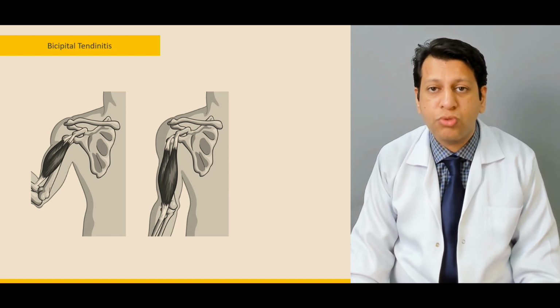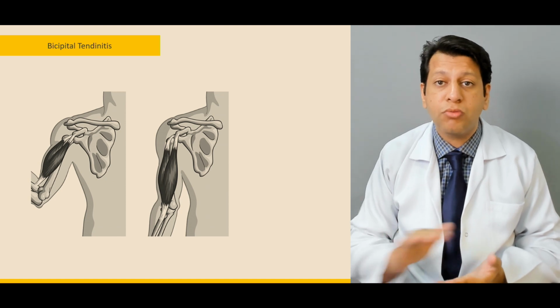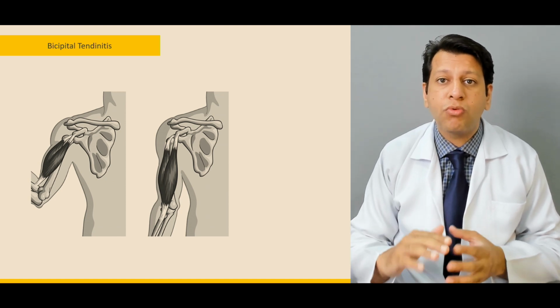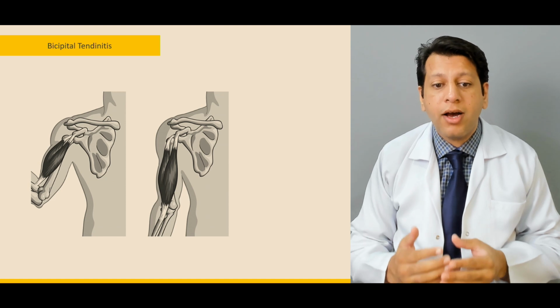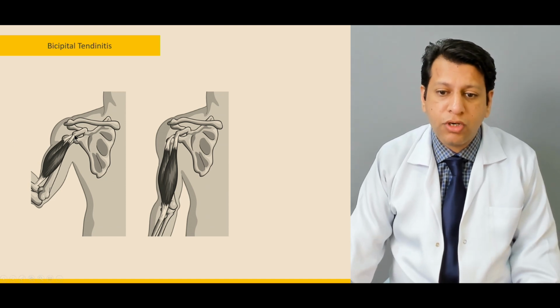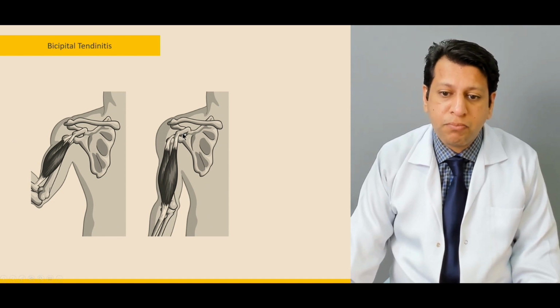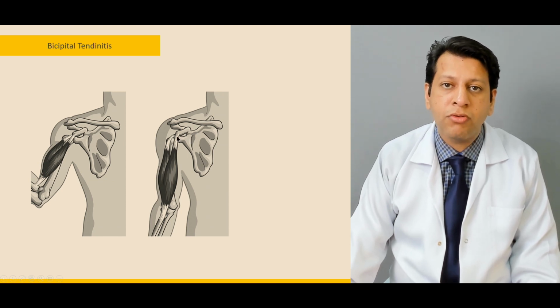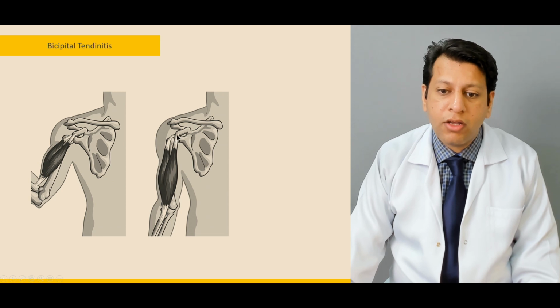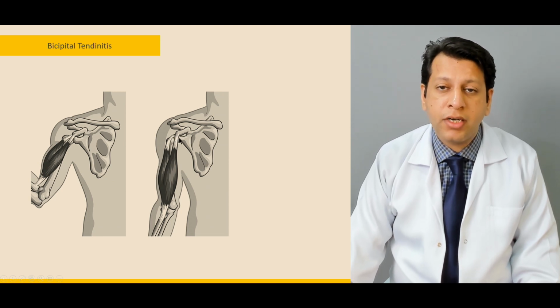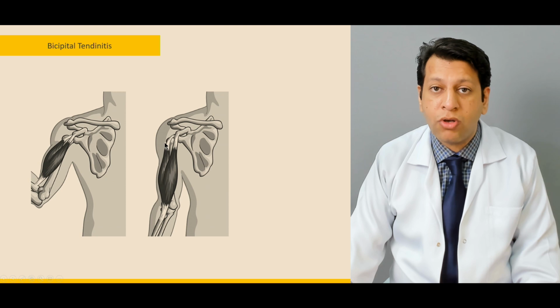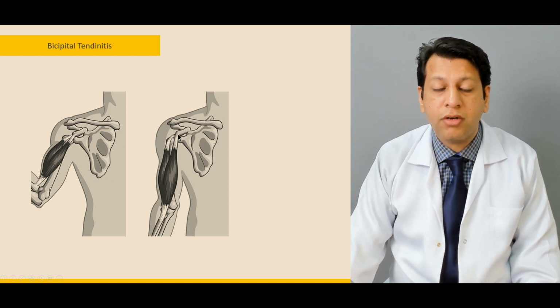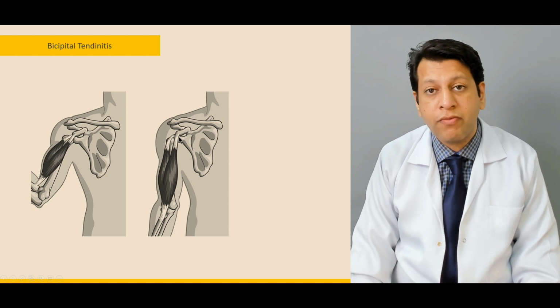As I told you, one cause is the transverse humeral ligament, which is forming the roof of the bicipital groove. The other is the coracoid itself. If you see it over here, the long head is going to be passing just inferior to the coracoid. It can get trapped over here. It can get rubbed against the osteophytes or the hooked acromion as well, or even the ossified coracoid process.